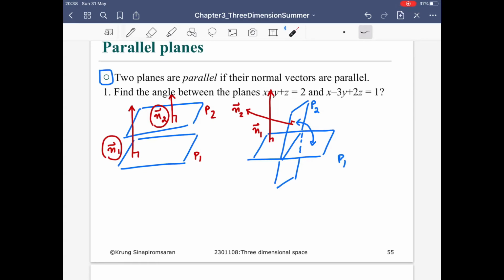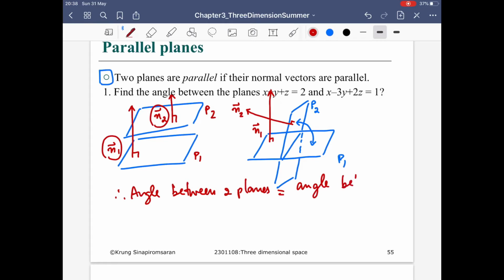You can see from the picture that this angle is actually the angle over here, because they are sort of the same thing. So the angle between two planes is actually the angle between the two normal vectors of the planes.